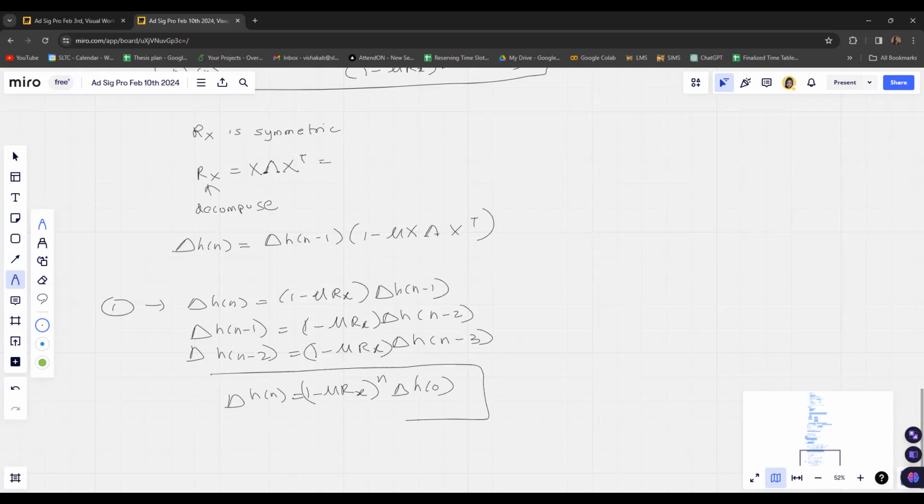This is the expression that you get once you consider all these expressions and the pattern shown by these difference of filter coefficients equations, the delta H equations. So from this I can get that this delta H0 must be multiplied with 1 minus mu Rx to the power n to get the value of delta Hn. This one I can plug into the equation in here where I decompose the Rx into several matrices.